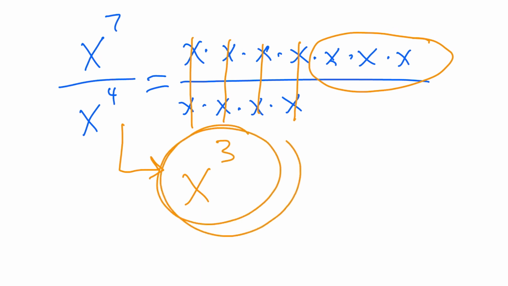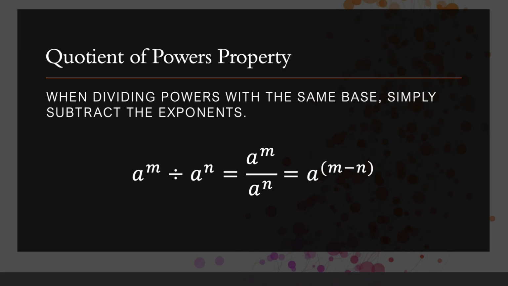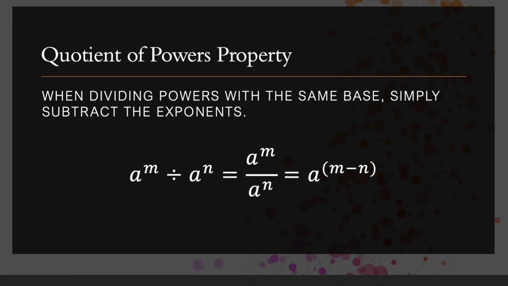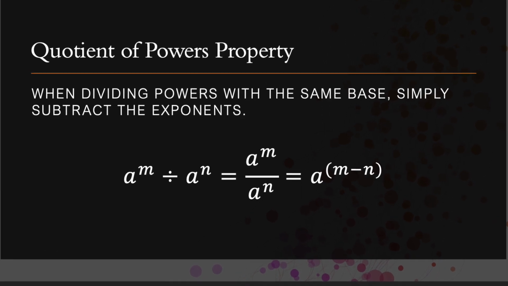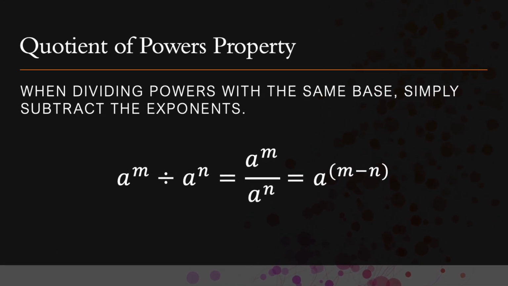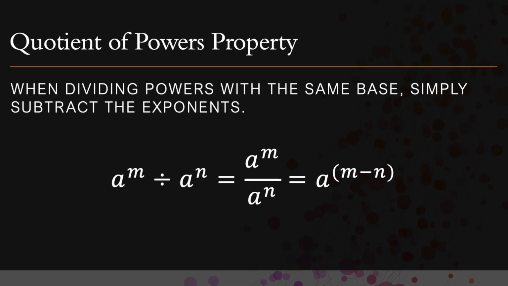Or, look at the exponents. 7 minus 4 is 3, so x to the 3rd. All right, so what's the rule? Well, this is the quotient property of powers, or quotient of powers property, however you want to say it. Ultimately, here's what it says. If you have two numbers with the same base and different exponents, and you're dividing them, simply subtract the exponents.